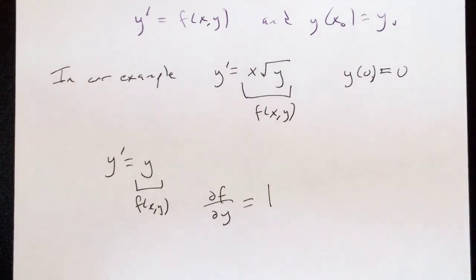It's continuous everywhere. So both of these pieces, the function of x and y and its derivative with respect to y, are continuous everywhere. That means for any point x0, y0 you give me, it'll be inside the rectangle that goes from minus infinity to infinity and minus infinity to infinity. Every point has a unique solution that goes through it.